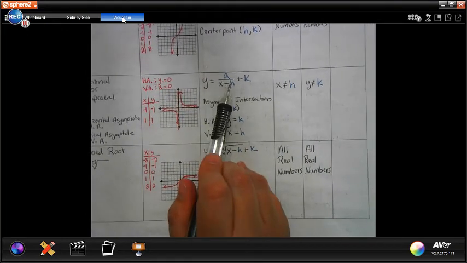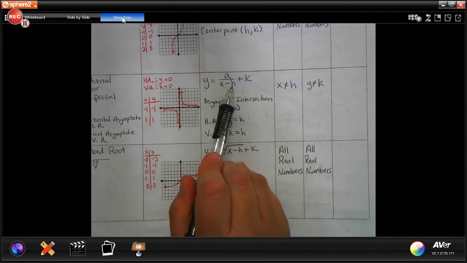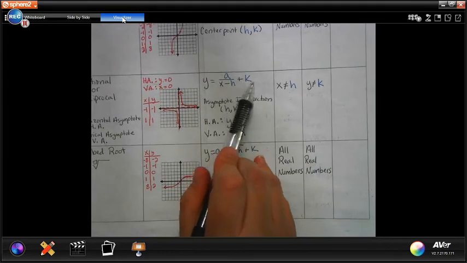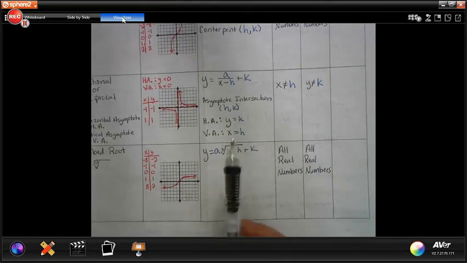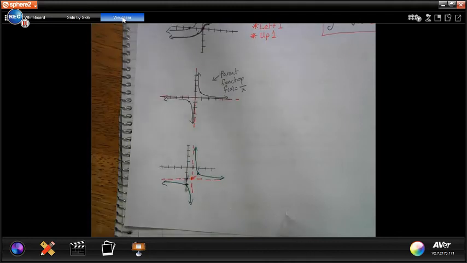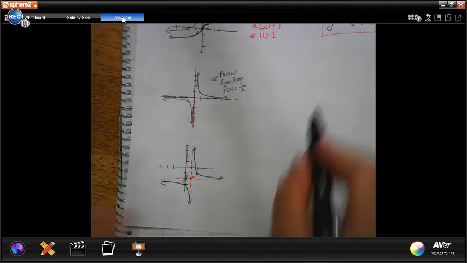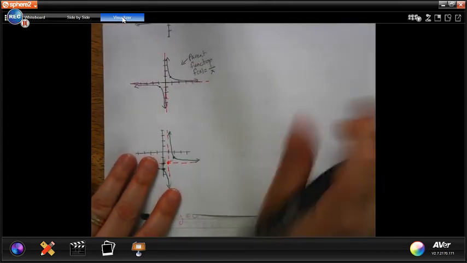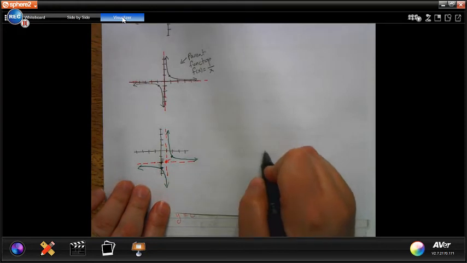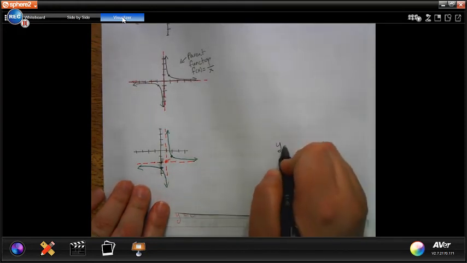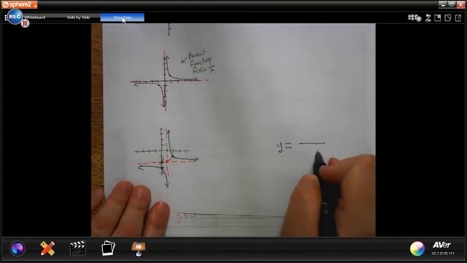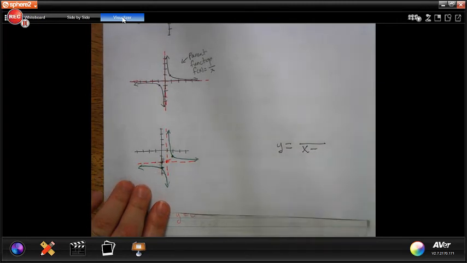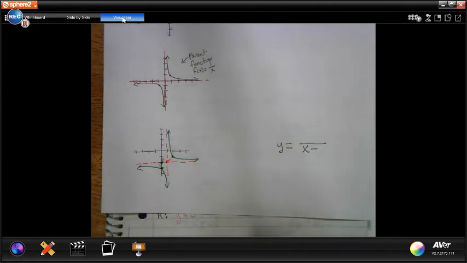The fraction bar is the grouping symbol, so h goes on the bottom of the grouping symbol with x, and k goes after the grouping symbol, which is after the fraction. So I'm going to write that down before I forget. I'll put it down here because it's for this one. Okay, so that's set up and ready to go.